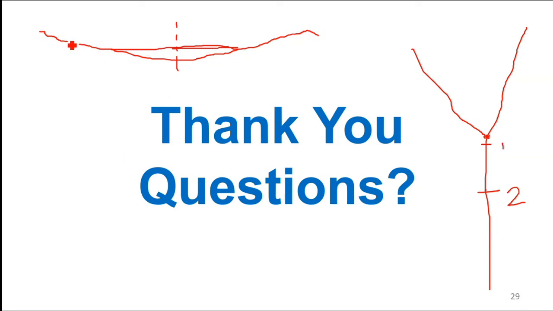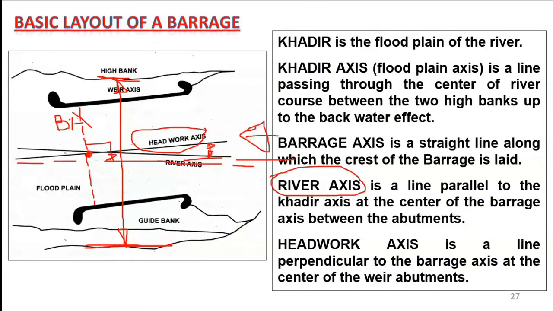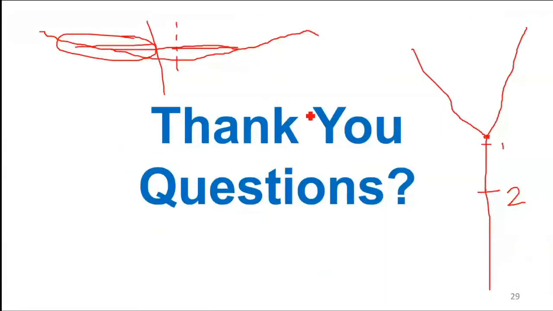We should not provide the barrage from here to here, not on one side, but in the middle portion. Could you now follow? If we provide it like this on one side, then there would be shoal formation. Islands will develop here.